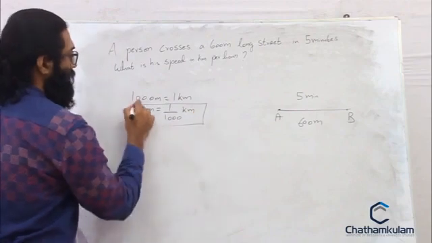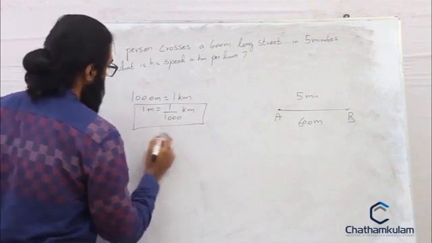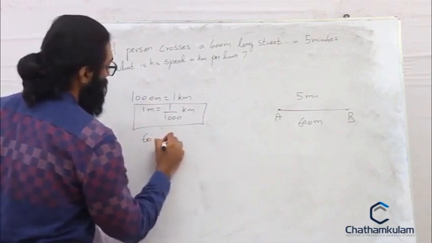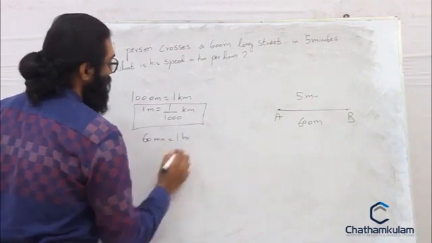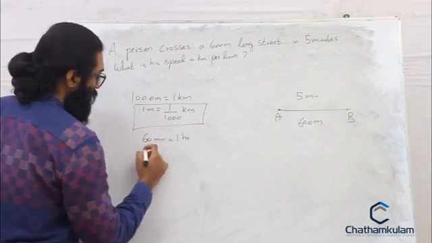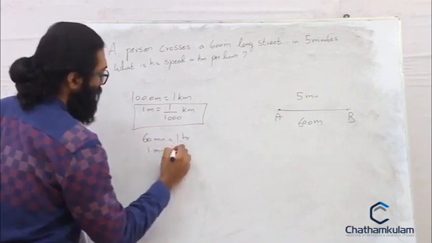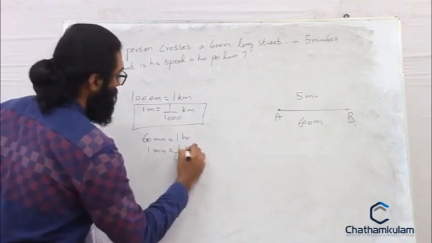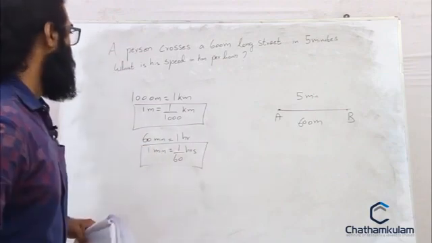Okay, this is clear. The next concept is 60 minutes is equal to 1 hour. Therefore 1 minute is equal to 1 by 60 hours. Okay, this is our second concept.